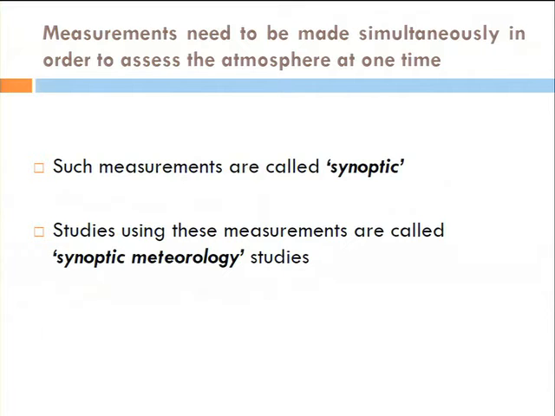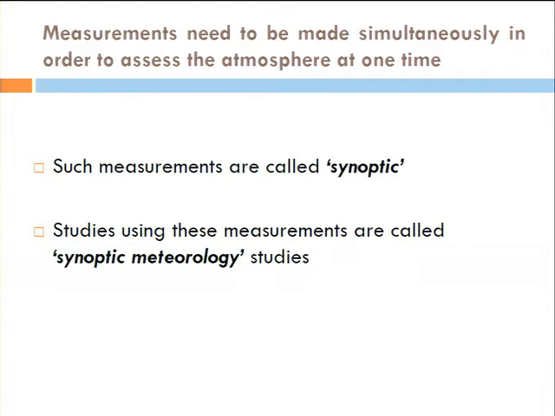Now, one of the things that we have to do when we make measurements is make sure that our measurements are coordinated. So basically everybody has to be taking measurements at the same time around the world. When we take measurements globally at the same time, these are called synoptic measurements.